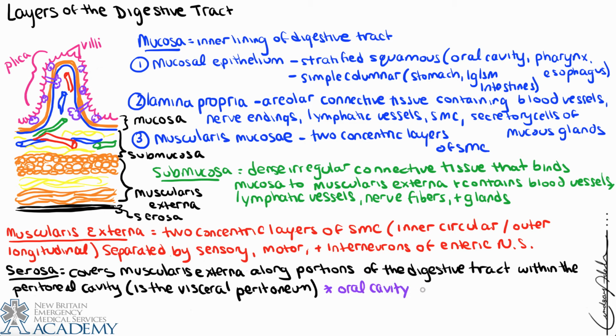Now, the other thing I want to remember is the term mesentery. The mesentery is basically double sheets of serous membrane that anchor portions of the digestive tract and provide a pathway for blood vessels and nerves.